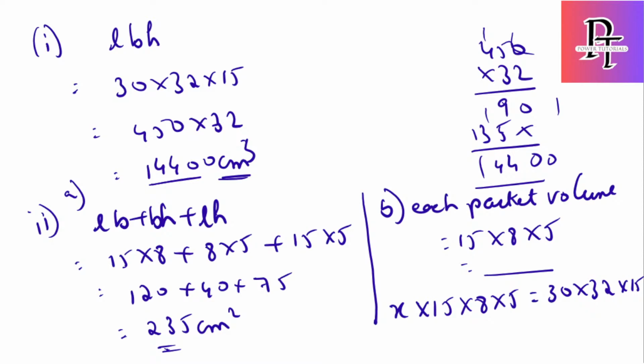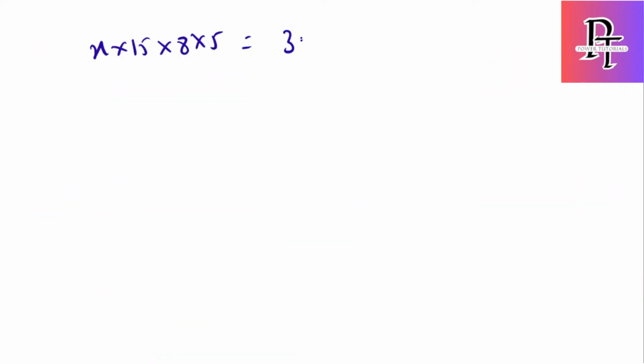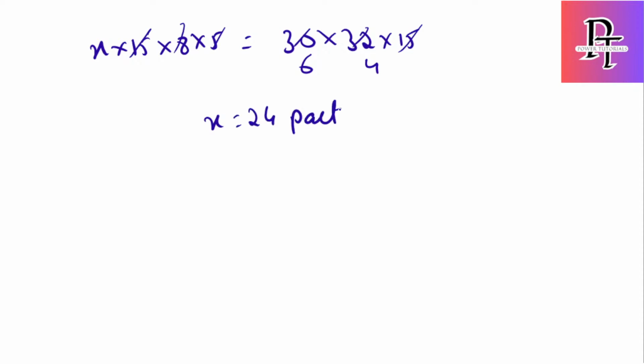Now let's cancel. 15, 15 first of all cancelled out. 5 ones, 5 sixes, 8 ones, 8 fours. So simply now x value is 24. So 24 packets are present in each carton box.